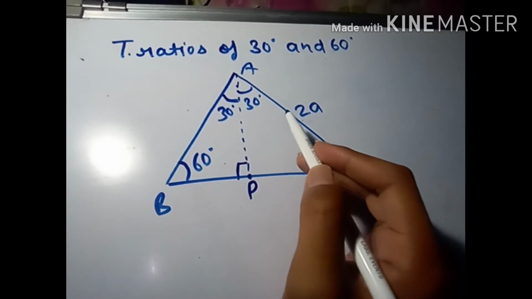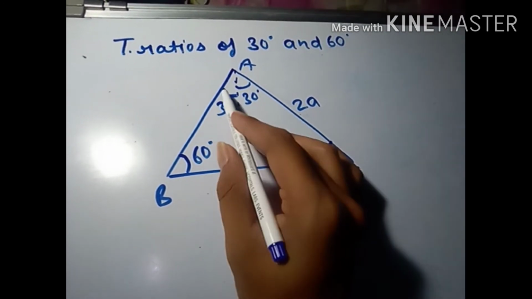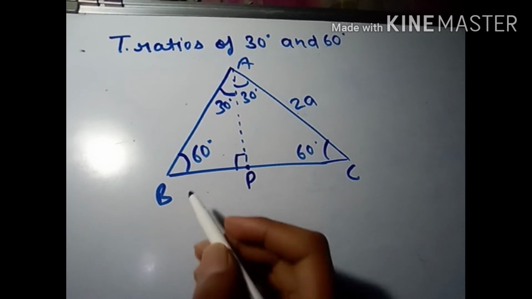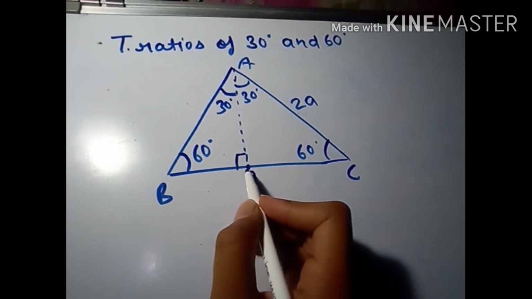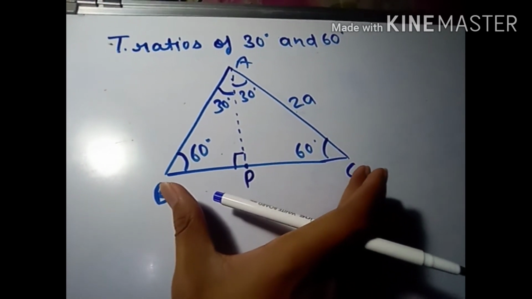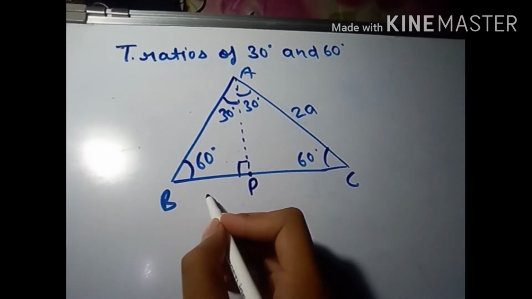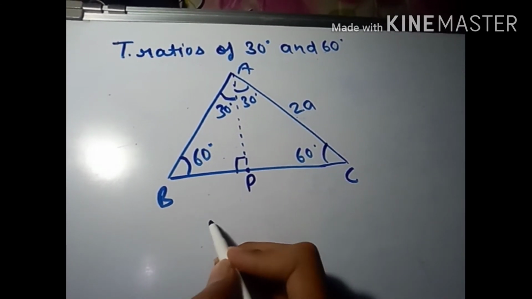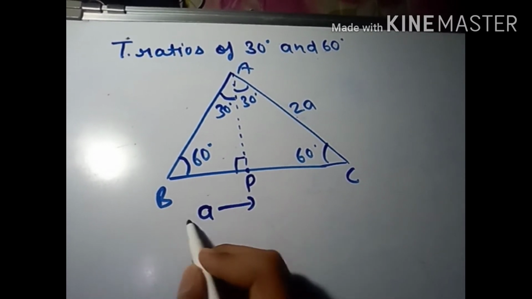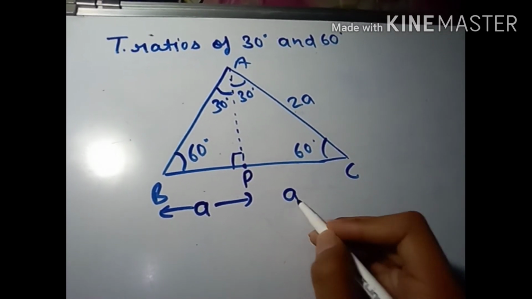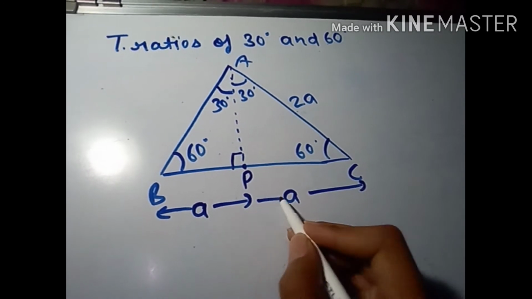This is the property of an equilateral triangle, nothing to worry about. Now the side will also divide itself, and this was complete 2a. This is the median, so it will divide this length equal to a, and this will also be a.